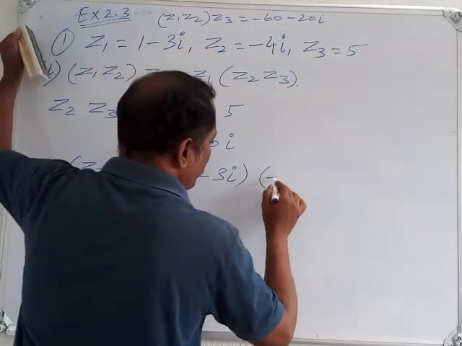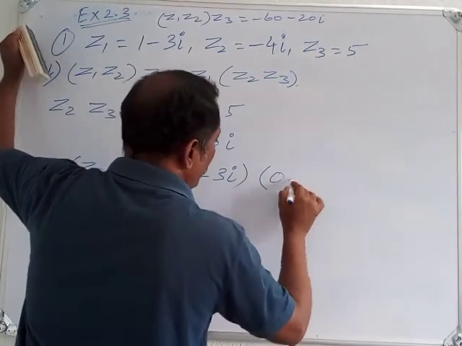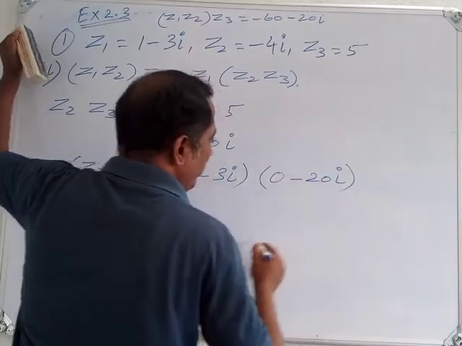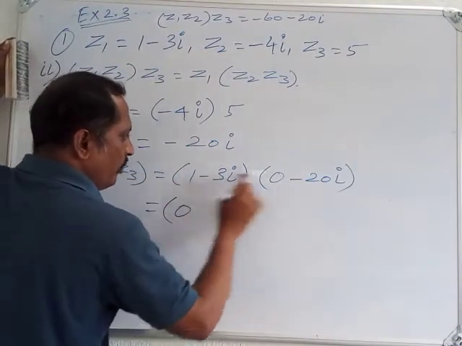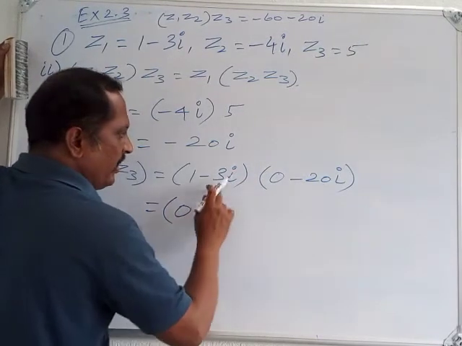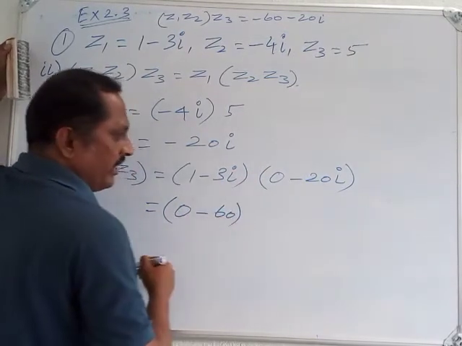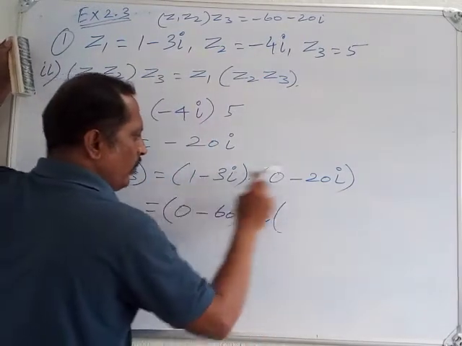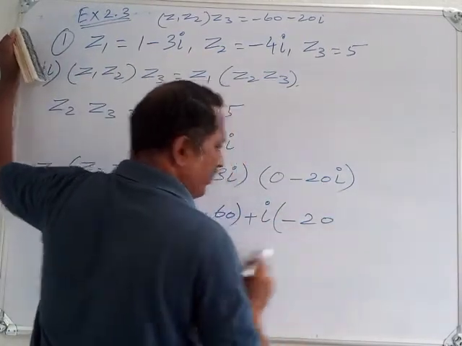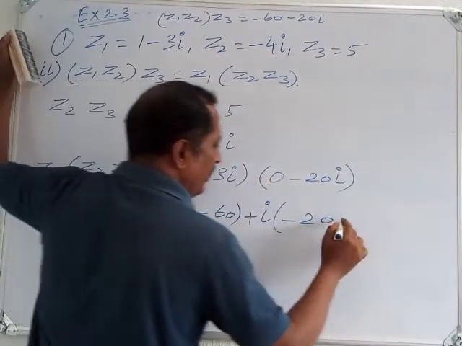So from minus, you have to write 0 minus 20i, which is equal to, real part, real into real 0. Both are the same sign, minus. 23s are 60. Real part over. And then plus i into imaginary: 1 into minus 20, imaginary into real 0.